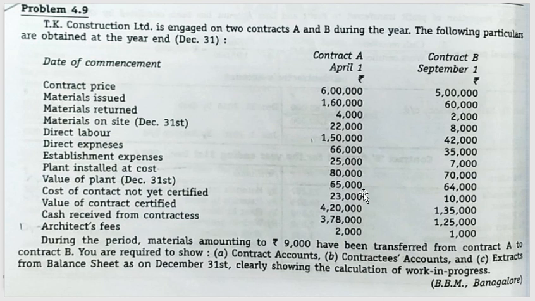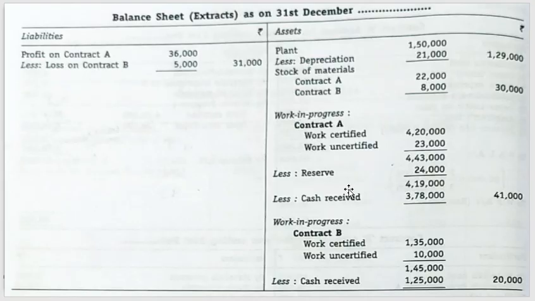So this is the closing value of your plant. So we will show in the year 1,29,000. The difference, 1,50,000 minus 1,29,000, is nothing but your depreciation, which is 21,000 for both contract A and B. So plant is taken and stock is taken.